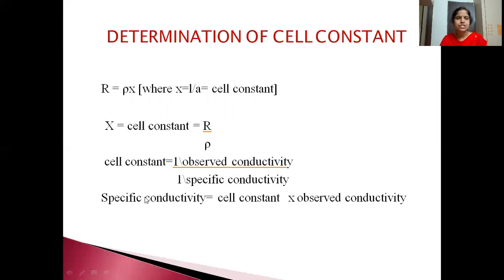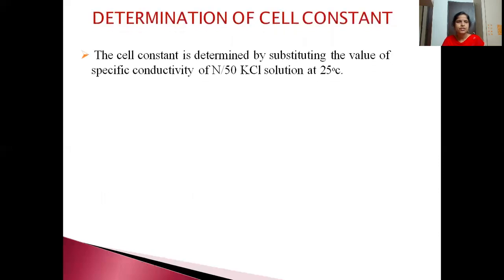Now if we cross multiply, the relation we get is specific conductivity equals cell constant into observed conductivity. So this is the relation between the specific conductivity and the observed conductivity. If we know the cell constant and the observed conductivity, we can find out the specific conductivity also.